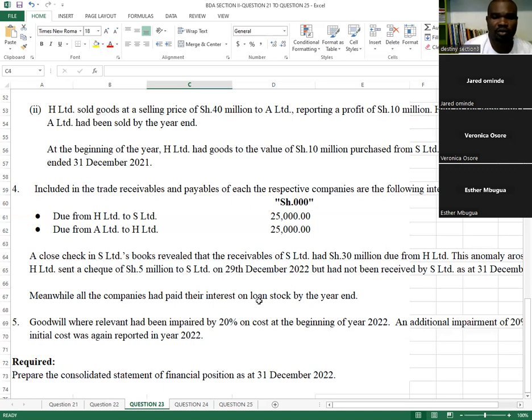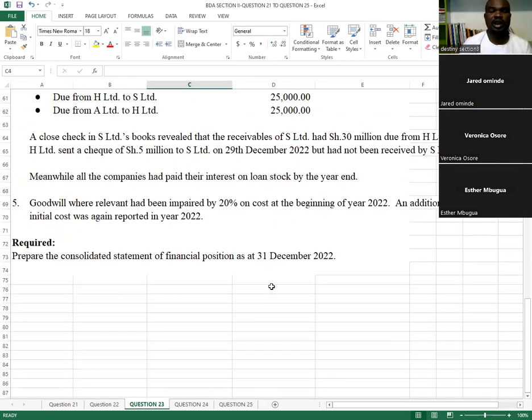Required: prepare the consolidated statement of financial position as at 31st December 2022. That is 20 marks.